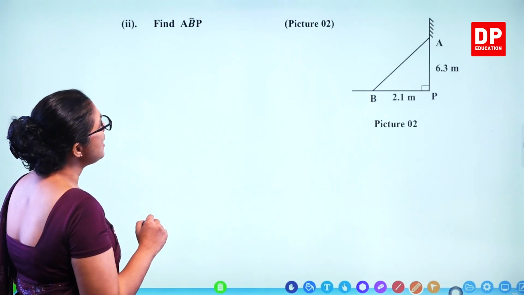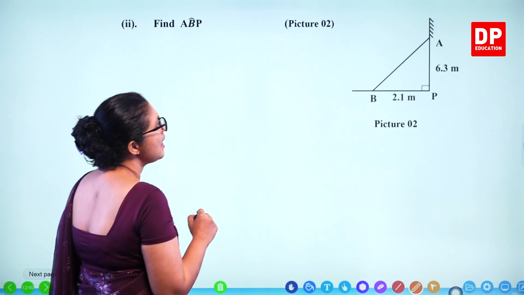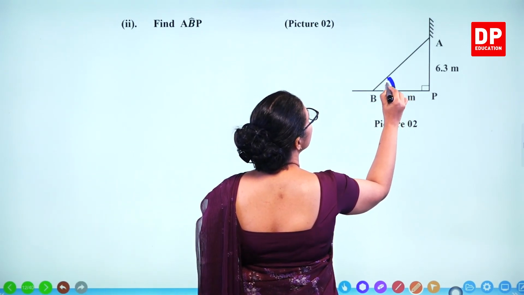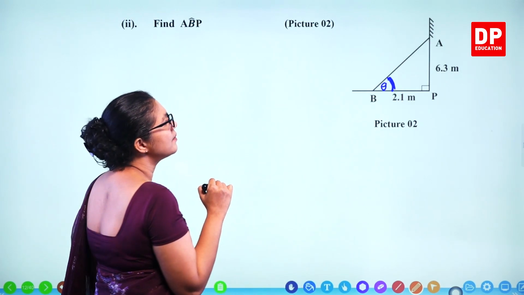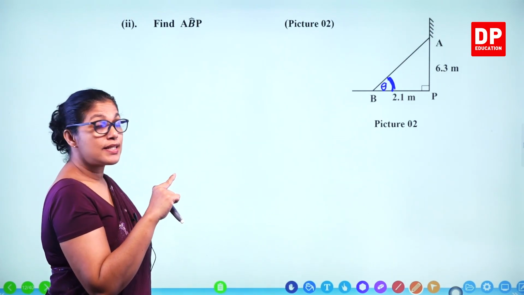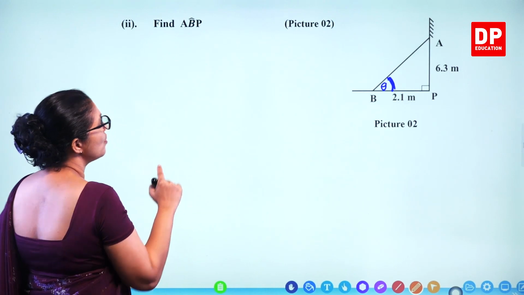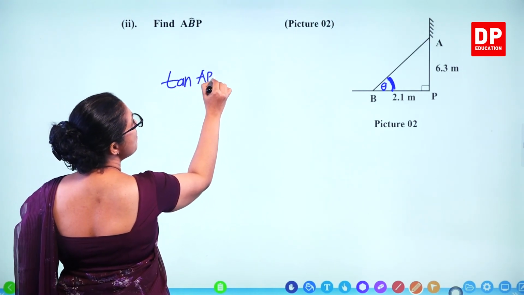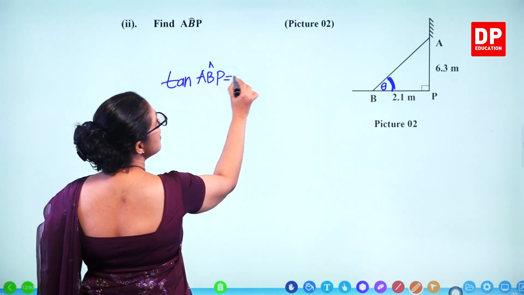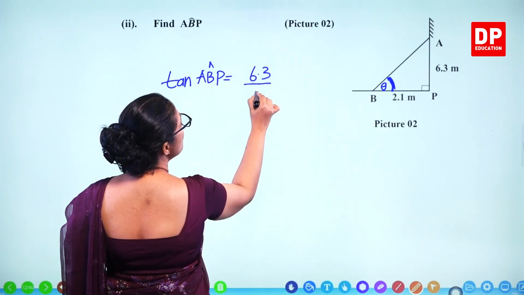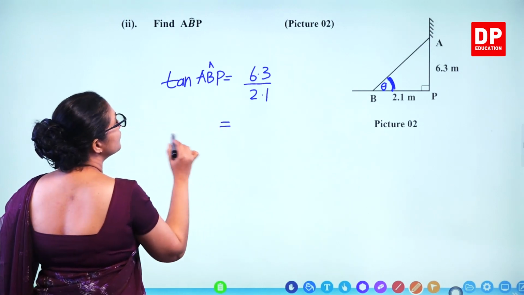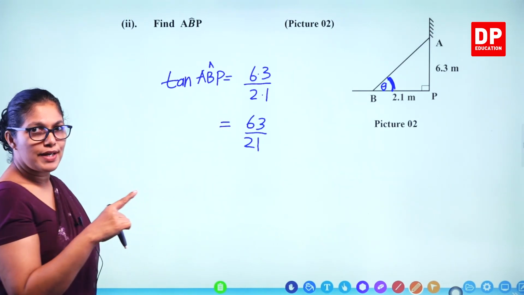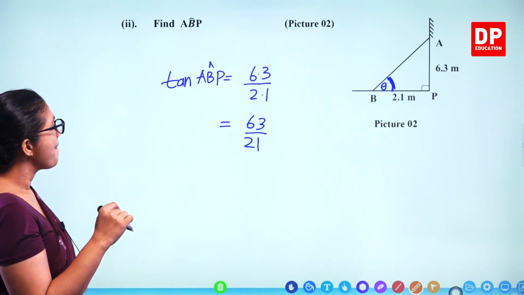Part 2, ABP, this angle we need to find. We'll take theta. Opposite and adjacent are given. So what's the ratio? Tan. Tan of ABP is 6.3 over 2.1. So this is 63 over 21. Multiply both the numerator and denominator by 10.